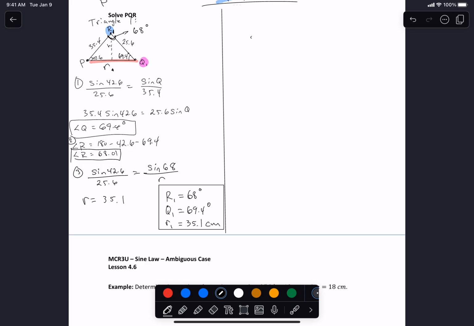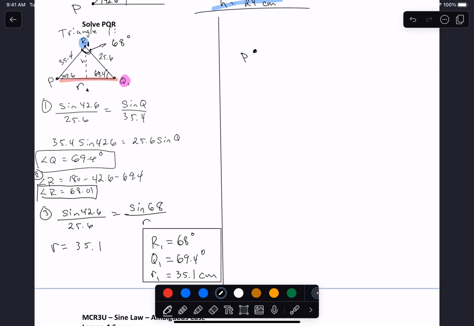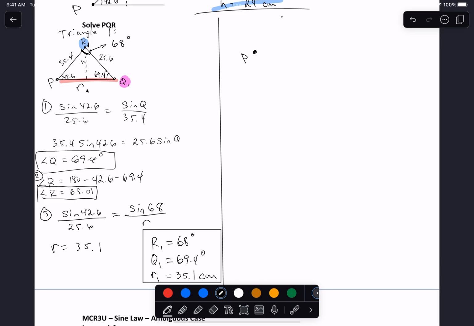The other triangle looks like this, where I've got point P, R, but this time, instead of the arm going down this way, where's it gonna go?